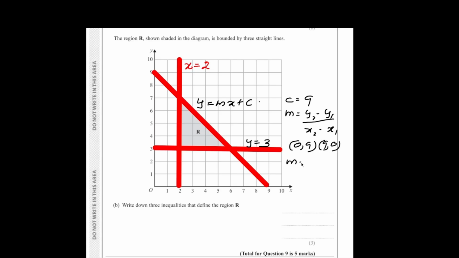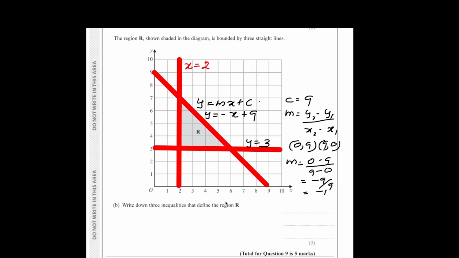M equals y2 minus y1, 0 minus 9, over 9 minus 0. Then I'm getting minus 9 over 9, which becomes minus 1. Therefore, I can write the equation of this line as y equals minus x, because minus 1 is the gradient, plus 9.